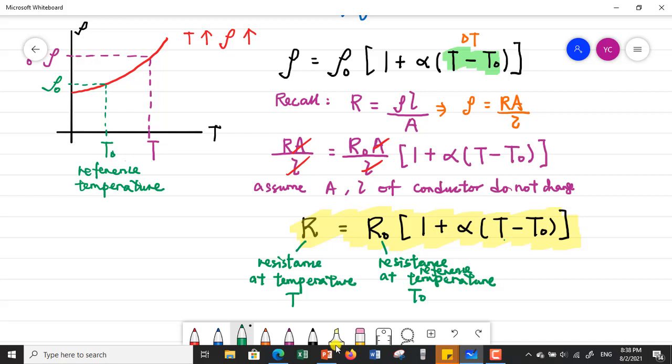T is the temperature where we have already heated up the conductor. T naught is the reference temperature. Normally the reference temperature is around 25 degrees Celsius, or room temperature.